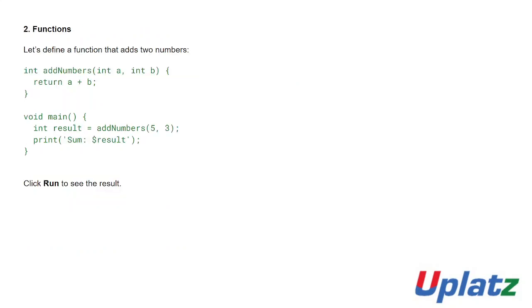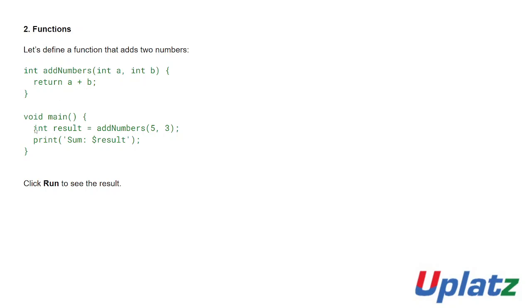Functions. Let's define a function that adds two numbers. Int addNumbers. Here int means it returns an int, and the function has arguments int a, comma, int b. Int a is integer a and int b is integer b, and return a plus b, that is also an integer.